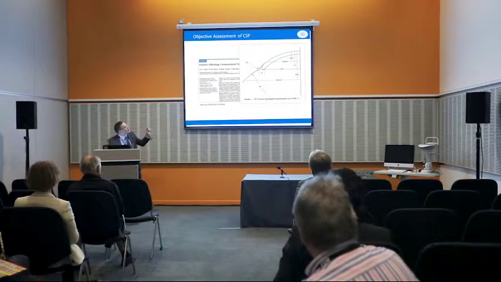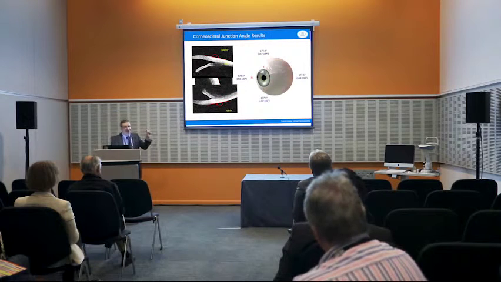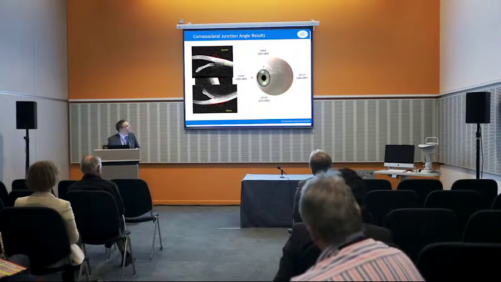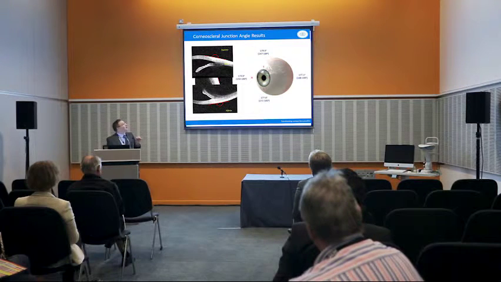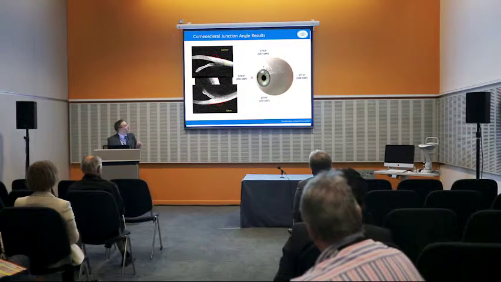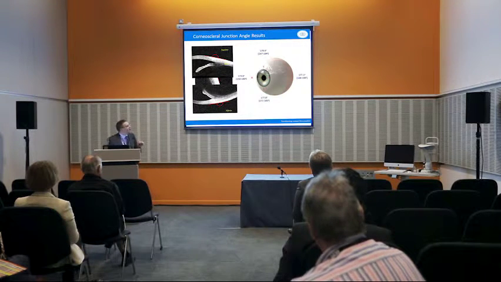And you can see there that, again, the assumption is that it's an abrupt transition out from the cornea into the sclera. Now, the really interesting finding from this study was that the superior and the inferior junctions at the corneal scleral junction transition were almost flat in most cases.